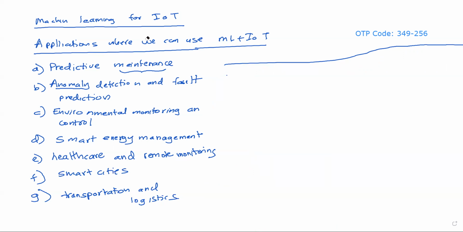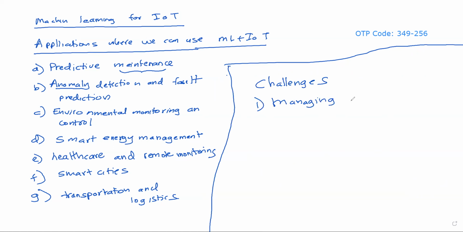One challenge that I would like to point out is the challenge of managing large volumes of data. I mentioned to you that large volumes of data are favorable for machine learning algorithms, because once we have more data, we can make more accurate predictions.